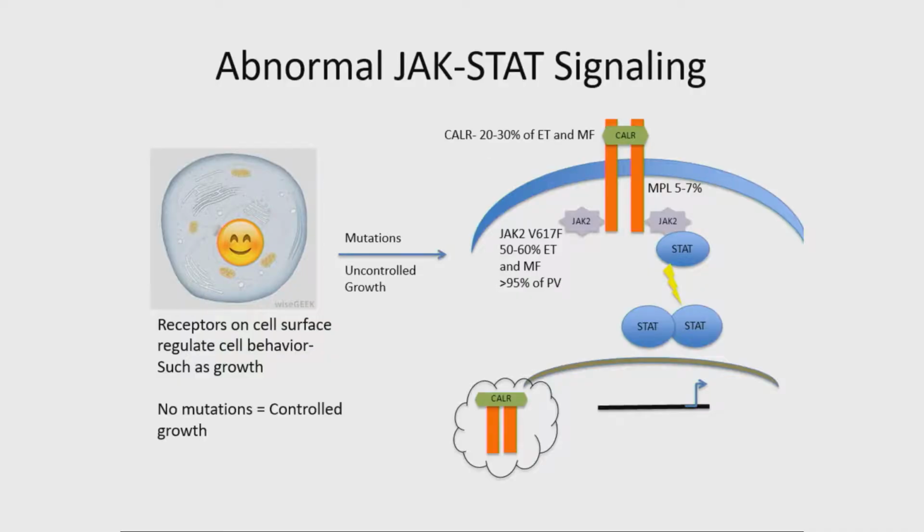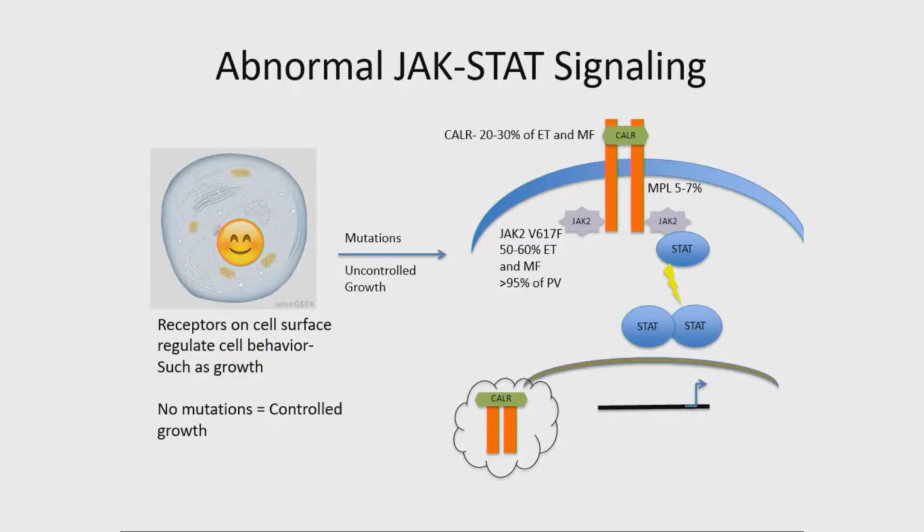So why do we care so much about the genetics? And what does this really mean for you as patients and for the doctors treating you? As was described before, but I'll discuss it a little bit again, every cell learns from what's going on in its environment through receptors on its surface. And these receptors help to communicate with the cells in the bone marrow to say, we have too many cells, we don't have enough, make more, make less, etc. And so when the receptors on the surface are working fine, the cells know when to grow and when to stop growing.